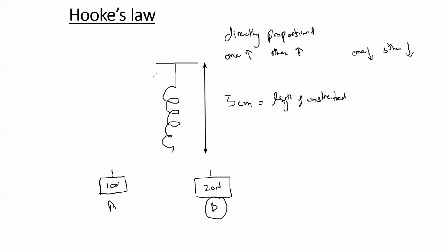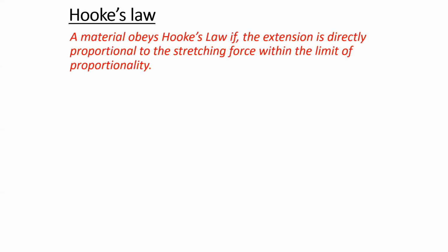But there is a limit for using Hooke's law. According to Hooke's law, within the limit of proportionality, what does it mean? Objects should not deform. The definition of Hooke's law states force and extension are directly proportional.